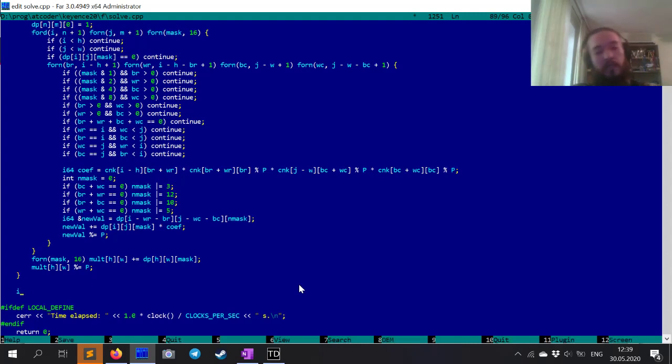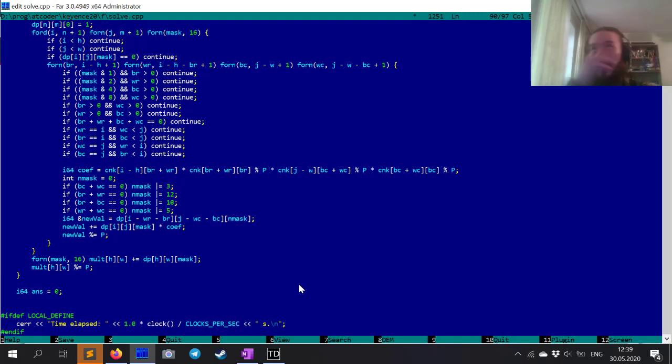The only thing left to do is to compute the answer. And to compute the answer, we consider all possible sets of rows and columns, see if it's a legit set, if it has any unbroken rows or unbroken columns, and then add things to the answer. Okay. So let's say that R mask is the subset of the rows.